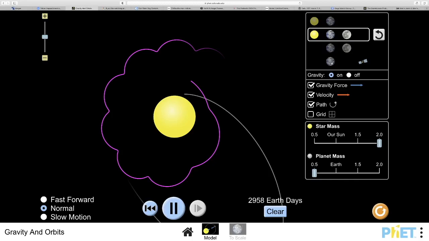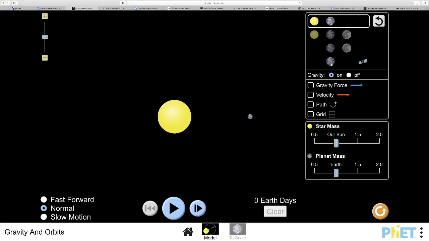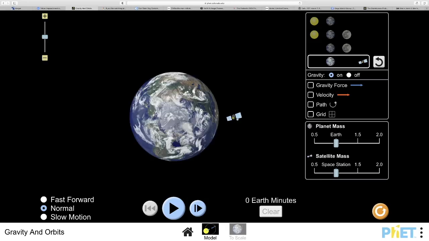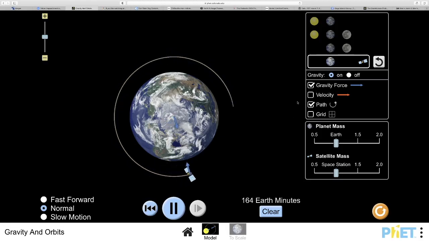Let's try one more here. We're going to clear this. We're going to go to Earth with a man-made satellite. I think we learned the other day we have all kinds of these up in space. Let's watch its path. Notice it goes around really fast. Let's take a look at the gravity force. Notice the Earth's gravity force on it isn't real huge.